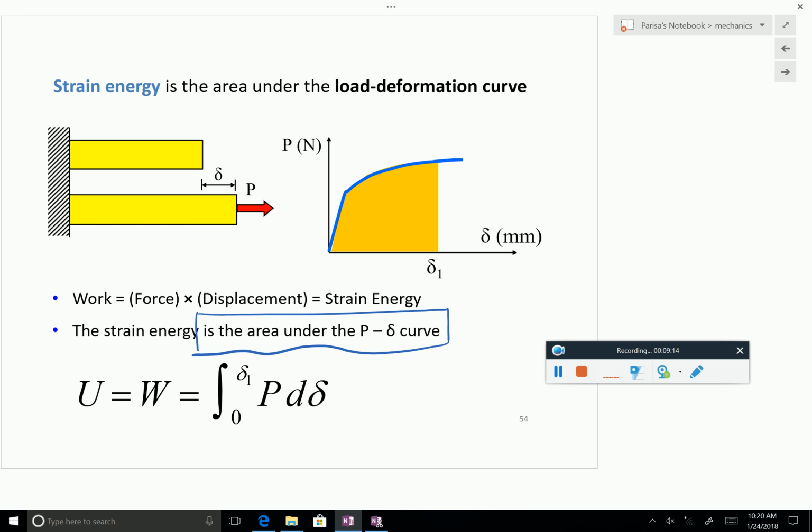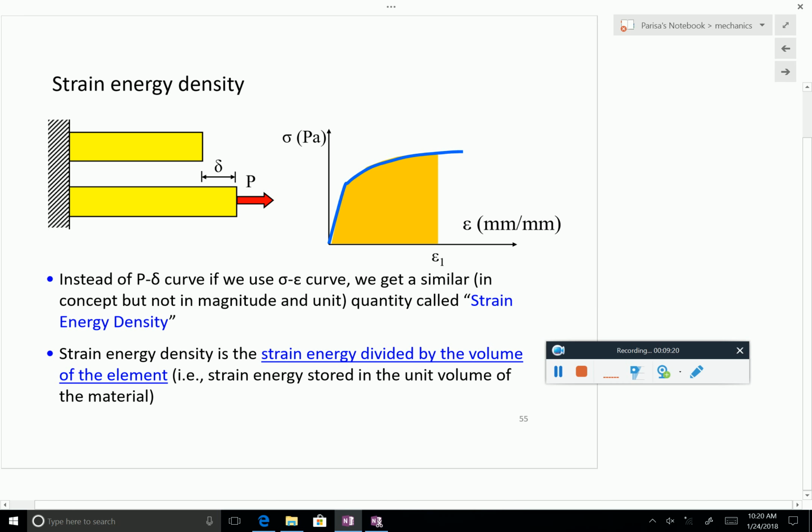Okay, now strain energy density is closely related to that. It is the strain energy per unit volume. So it is some sort of a normalized version of a strain energy.